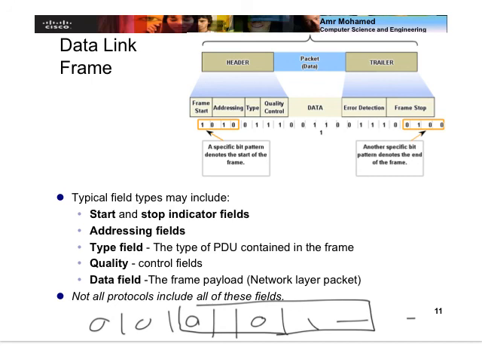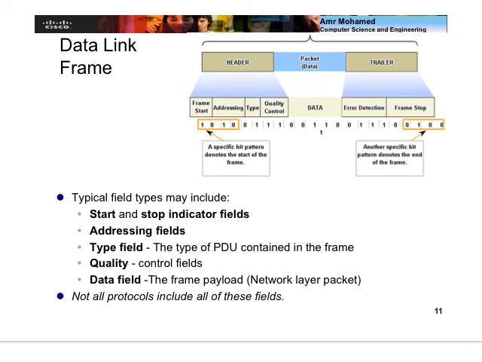So the typical parts of the header and trailer are start and stop, and addressing fields, which are physical address fields. The type field is used to tell the upper layer which protocol I need to access, and in many cases this type field would have a value that indicates IP.